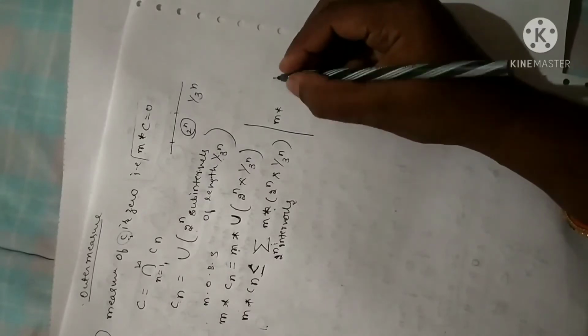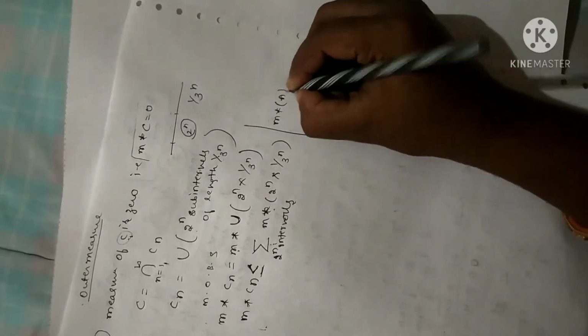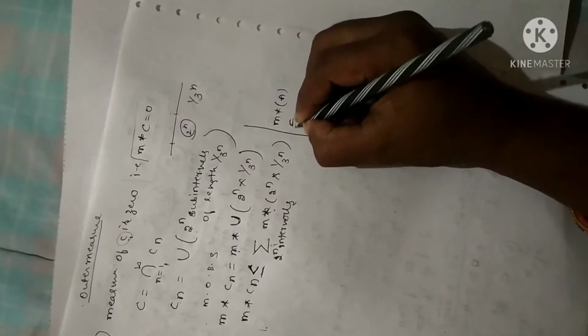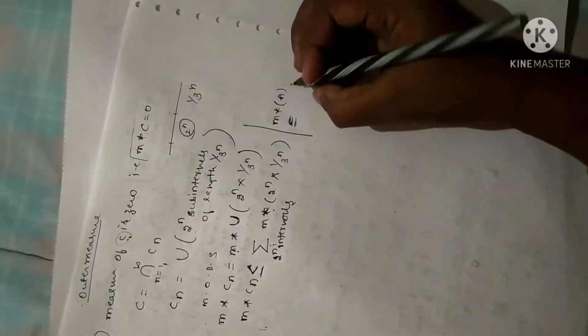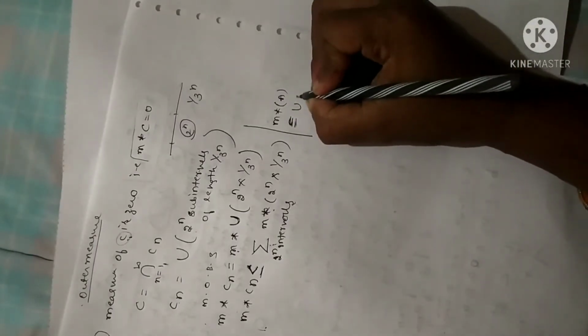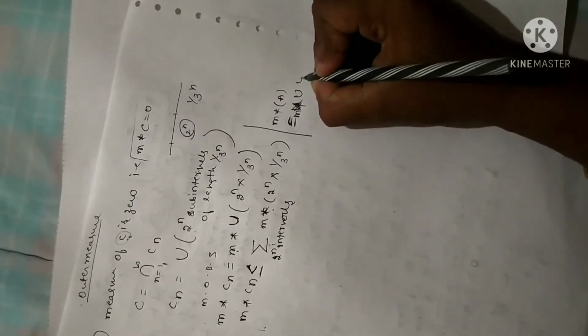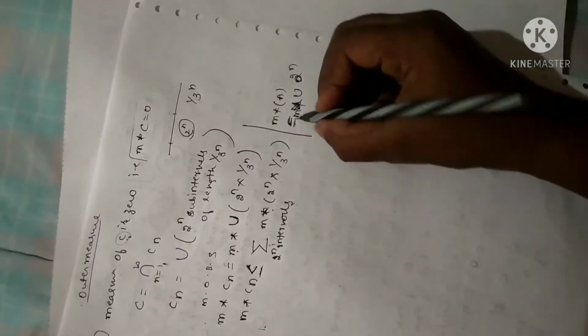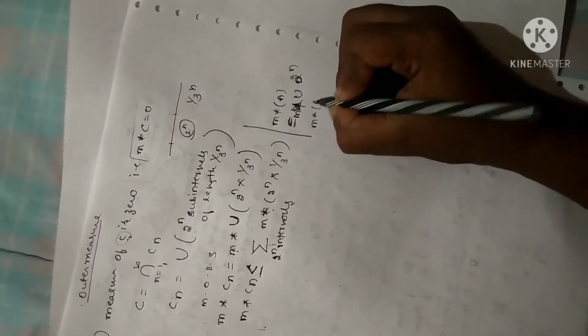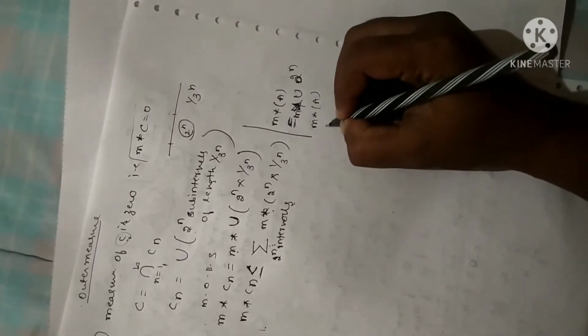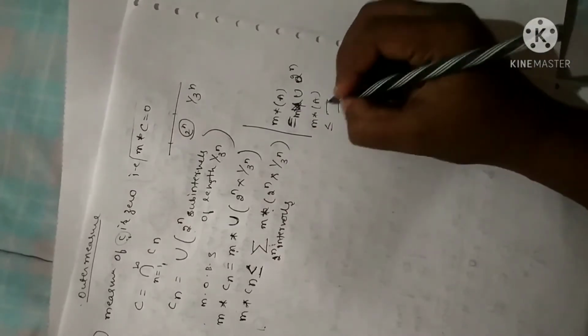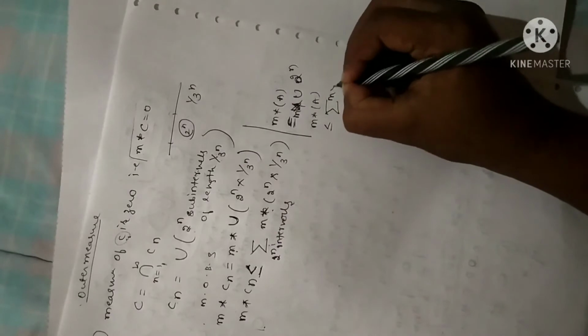Like m star of the union of some sets, whatever may be the value, like 2 power of n. If you are going to take the measure inside, that will become less than or equal to, since you have to take the measure inside, the union will become summation, so m star of 2n.